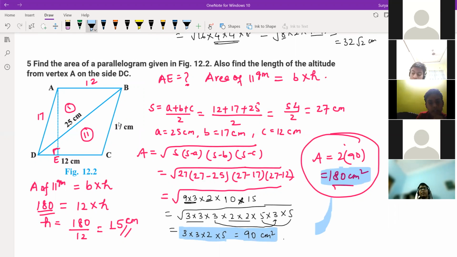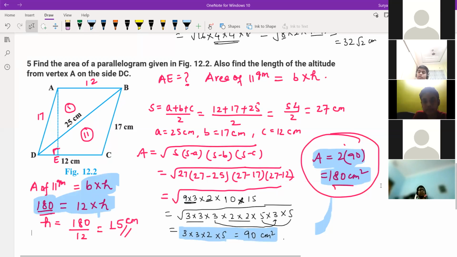So area is equal to 180 centimeters square. So now you find by any method, either by Heron's formula, or by the area of parallelogram, like base into height, this formula. Answer will be the same only. So 180 is the area of the parallelogram. So 12 into height. Base we know is 12, and height we have to find, correct? Is it clear to everyone? Sai Ritvik? Yes, sir. Yeah, sir, it's clear. Clear, sir. All right, fine.